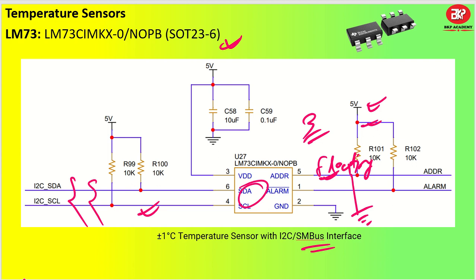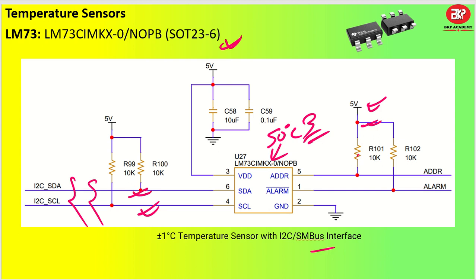Let us say this device has been implemented near your application, and you don't want the application to go above 50 degrees centigrade. So what will you do? I'll give a command that fixes the limit value to 50 degree centigrade.